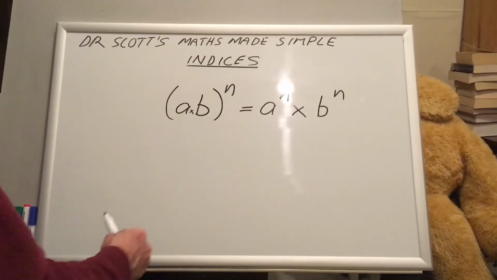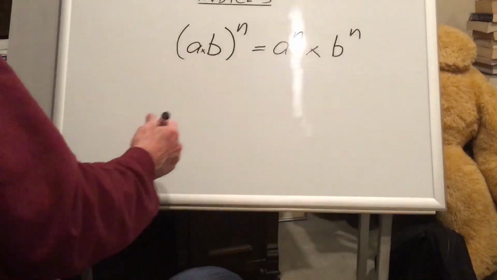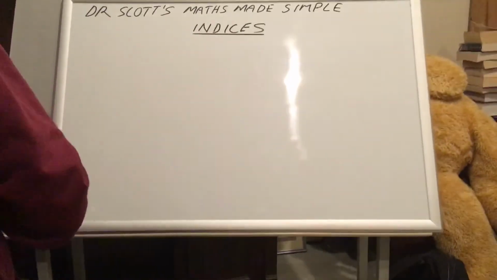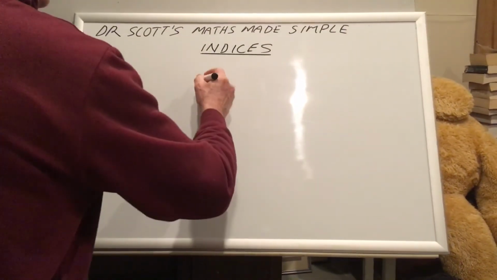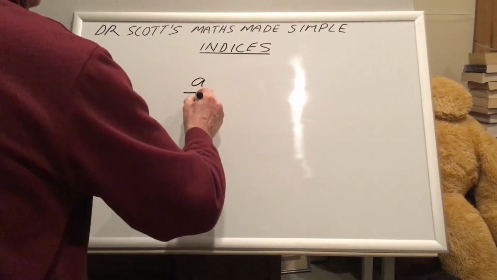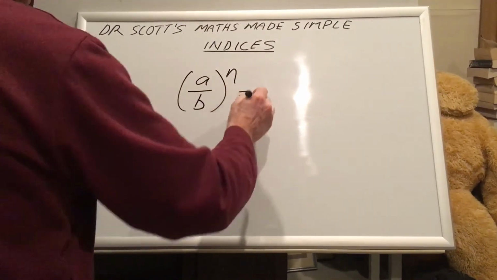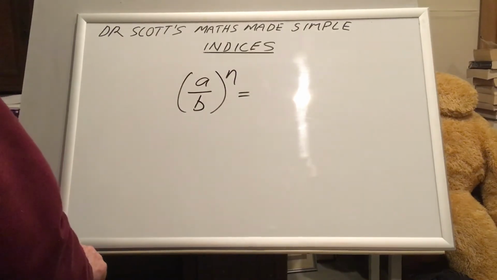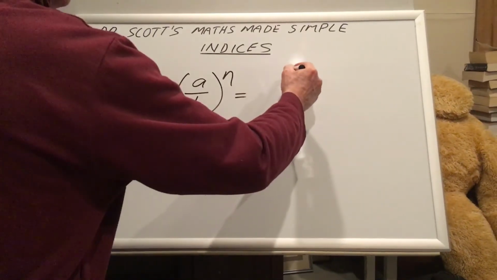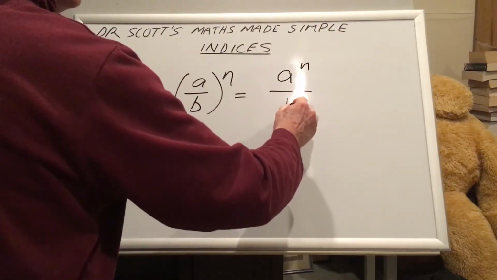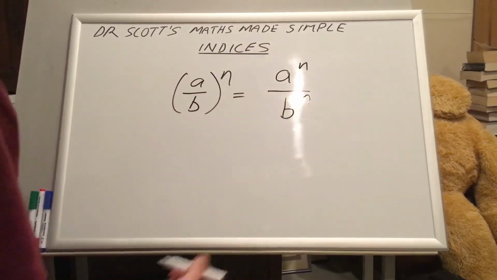Now the final things I'm going to do, two more things, very simple. What about if A is divided by B and to the n power? Some of this you could almost guess. That equals A to the n over B to the n. Simple as that.